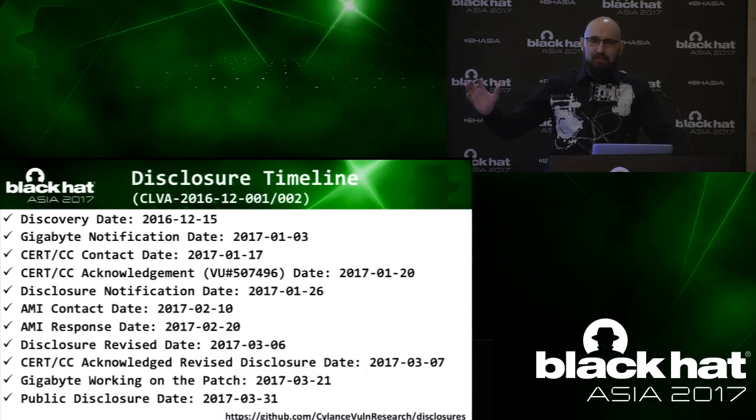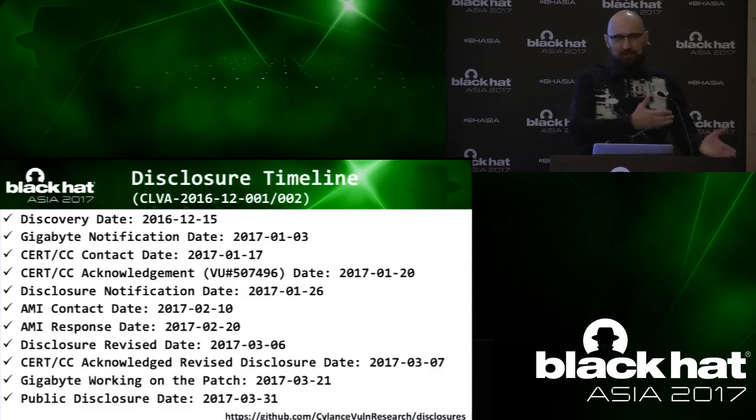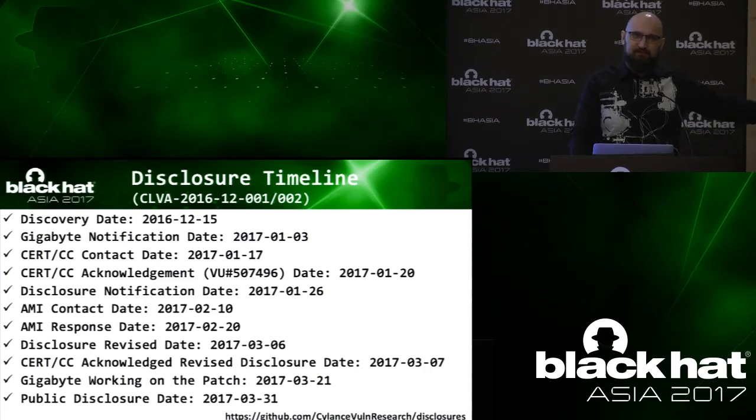American Megatrends mentioned that some of the issues were already patched by a new framework, but we asked them to share some CVE numbers to mention in our disclosure process. They said they have already patched these vulnerabilities, related to this CVE and this issue specifically for Gigabyte hardware. But we don't have any response with CVE numbers for these issues from American Megatrends yet.